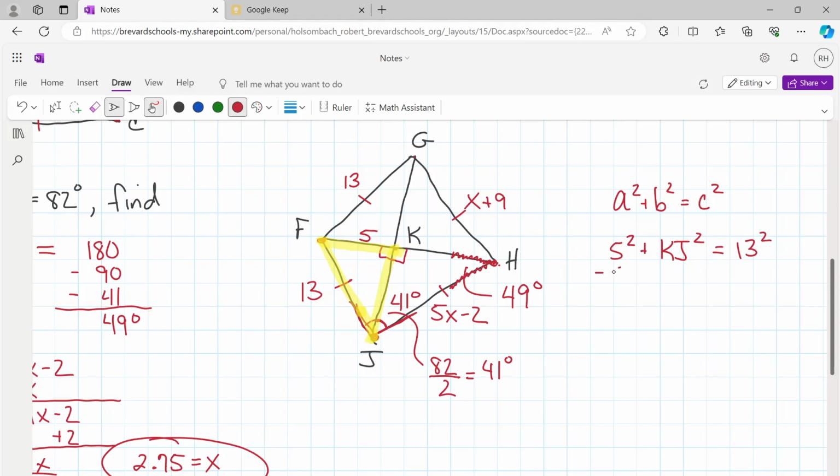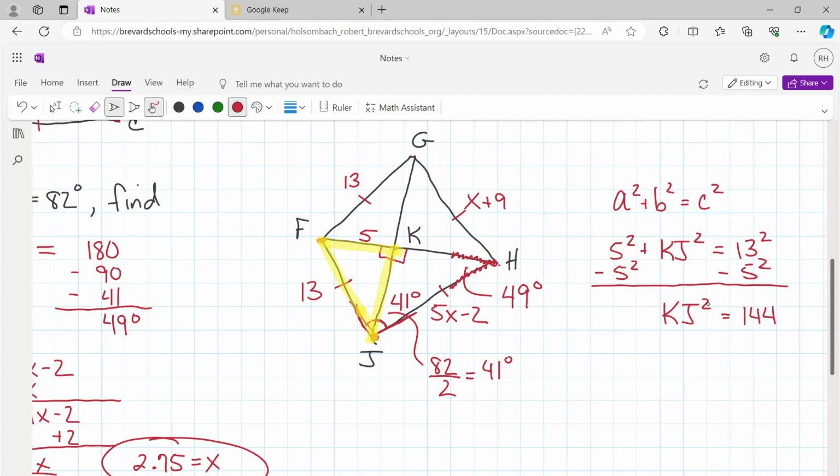So we're going to subtract 5 squared from each side. So KJ squared is equal to, in your calculator, you can type 13, the x squared button, minus 5, x squared button, and hit equals. And we're left with 144.